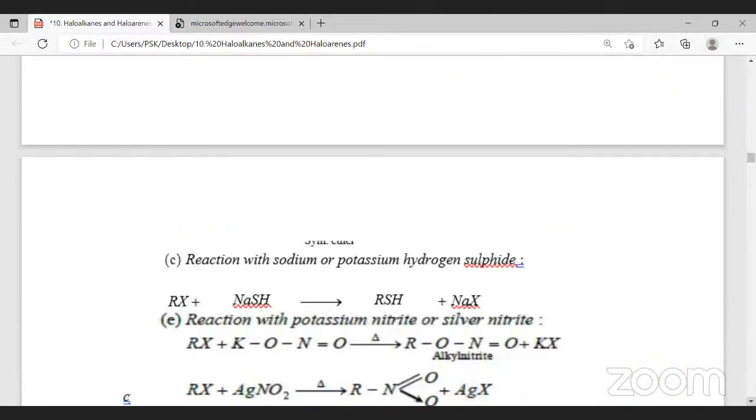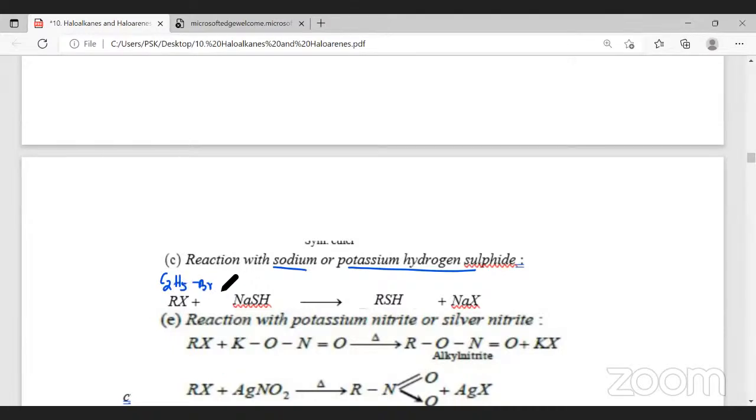So similarly, the last reaction yesterday, what we learned is reaction with sodium or potassium hydrogen sulfide. It is represented as NaSH. Now, the sodium or potassium hydrogen sulfide is allowed to react with an alkyl halide.